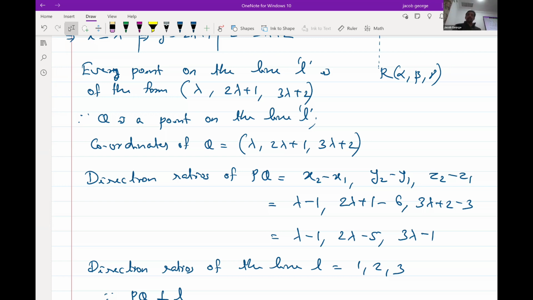Lambda minus 1, 2 lambda plus 1 minus 6, 3 lambda plus 2 minus 3. So we get lambda minus 1, 2 lambda minus 5, 3 lambda minus 1.